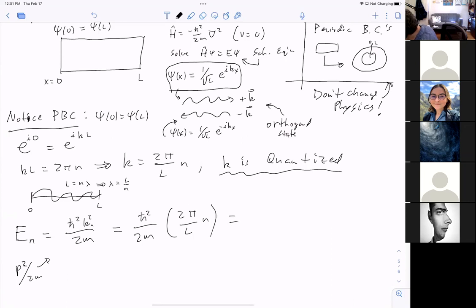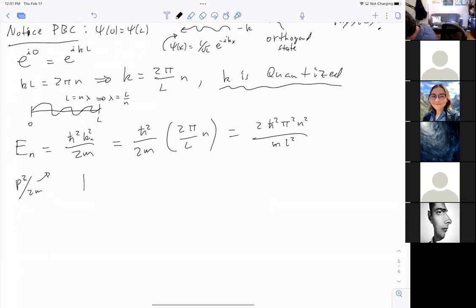And so then you get this famous relationship, that the energy is 2 times h bar squared pi squared n squared over m L squared. All right. And so this is then the energy levels in my crystal. So I'll just draw it like this.